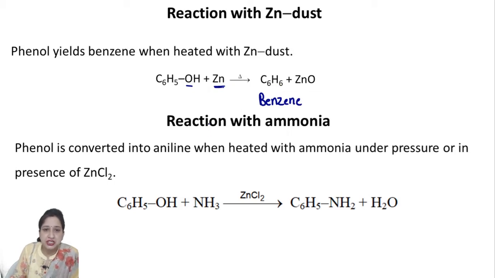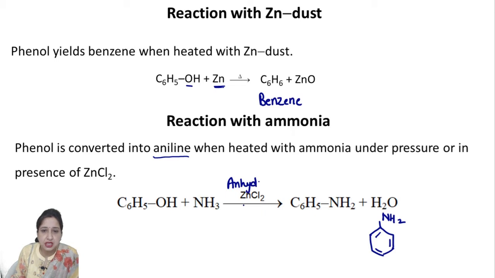Next is the reaction of phenol with ammonia. Phenol is converted into aniline. So what is aniline? So this is your aniline. So when phenol is treated with ammonia in the presence of anhydrous zinc chloride under reduced pressure, it is noticed that removal of water is taking place.